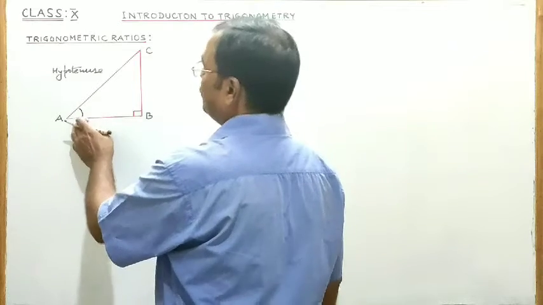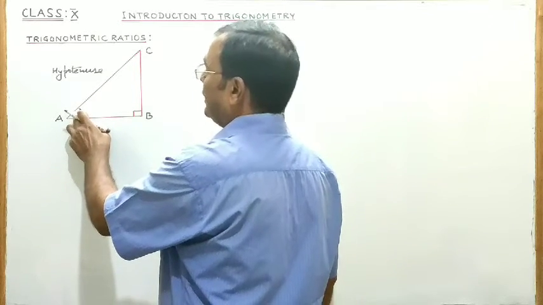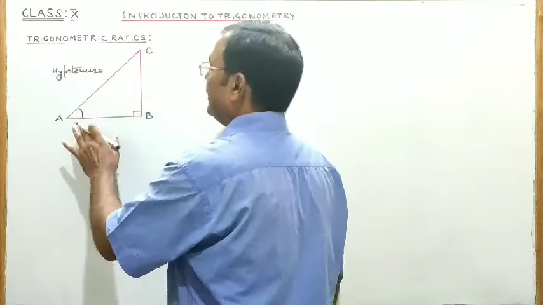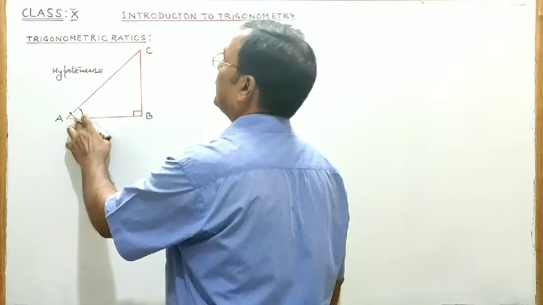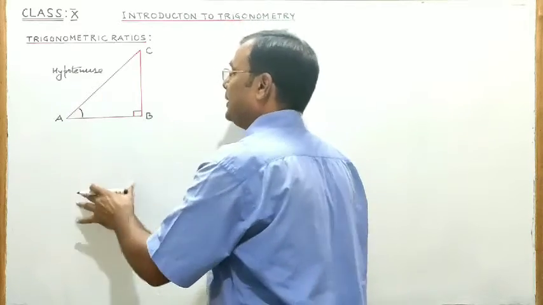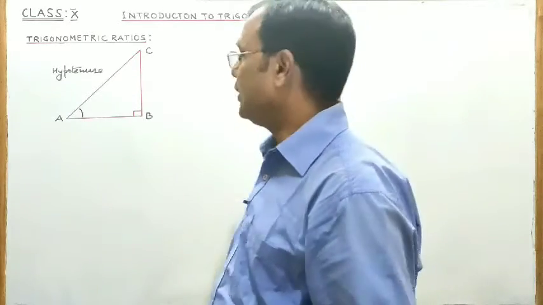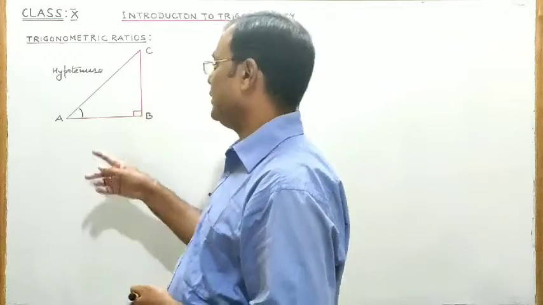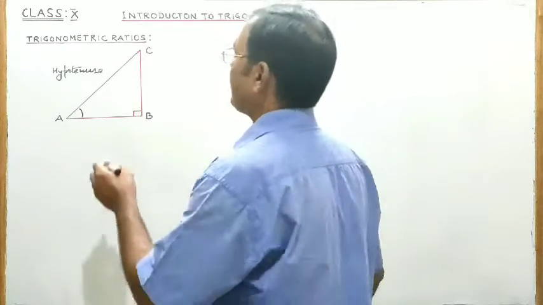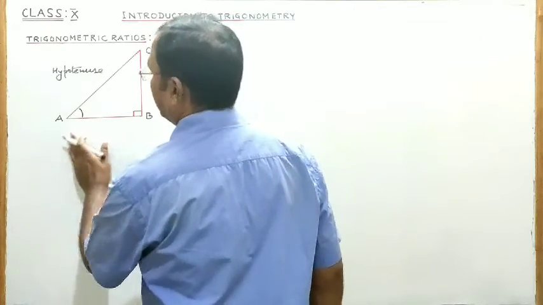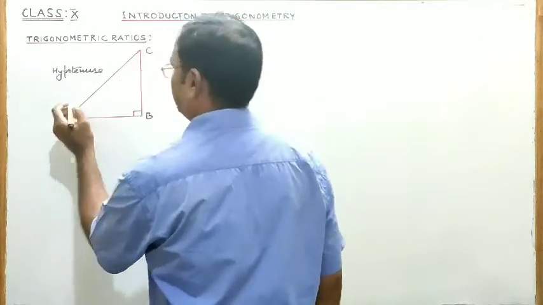So here in this situation, an acute angle A we have considered, for which we are going to define trigonometric ratios. Trigonometric ratios for this acute angle A are defined as follows.